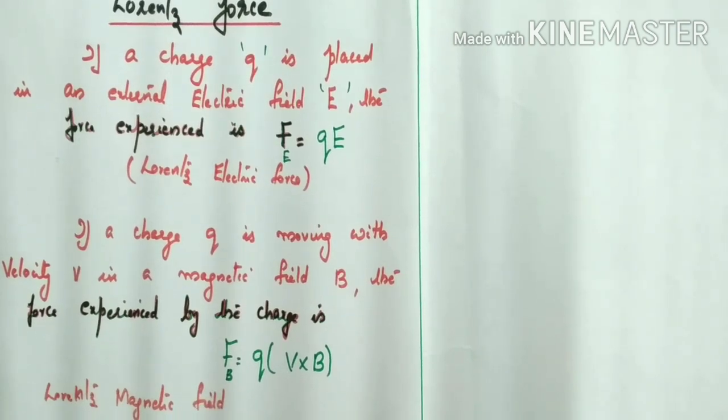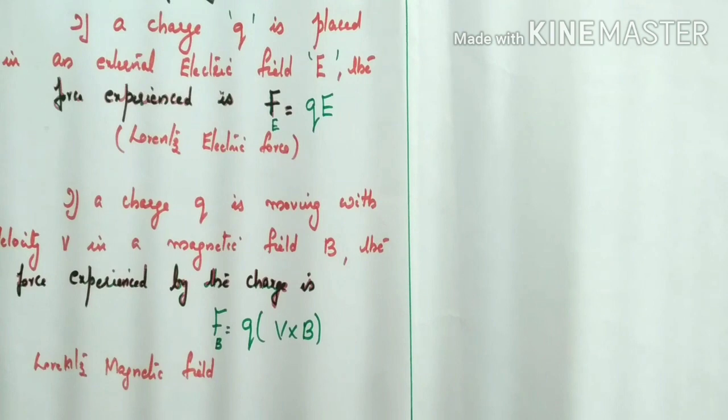Okay, so two forces are there. When a charge is placed in an electric field, the Lorentz electric force is F equal to QE. In a magnetic field, the charge is moving with a velocity v. It experiences a force Fb equals Q into V cross B, and that force is Lorentz magnetic force.